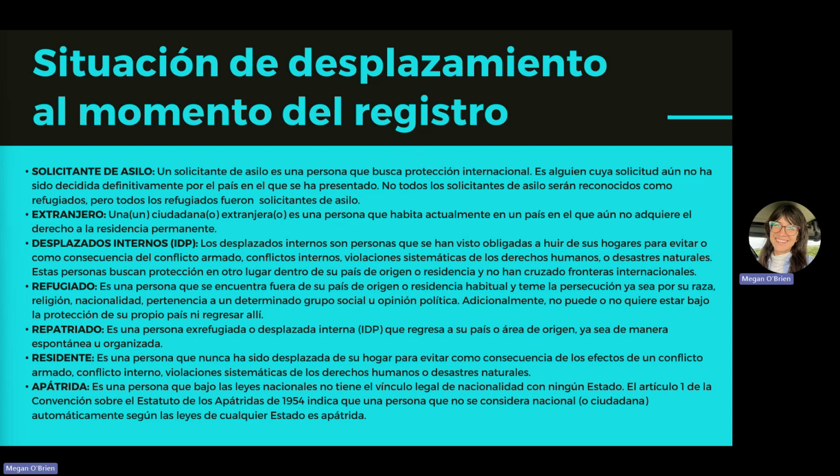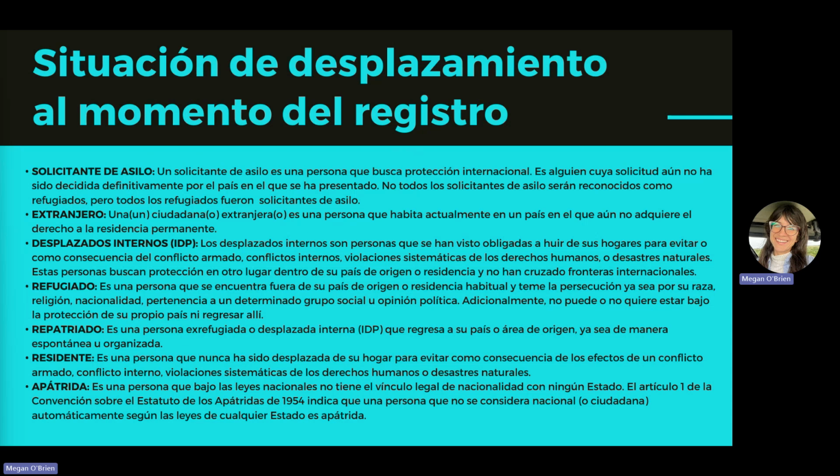A returnee is a former refugee or displaced person or internally displaced person who returns to their country or area of origin, whether spontaneously or in an organized manner. And a resident is a person who has never been displaced from their home as a result of or in order to avoid the effects of armed conflict, internal strife, systematic violations of human rights, or natural or man-made disasters.